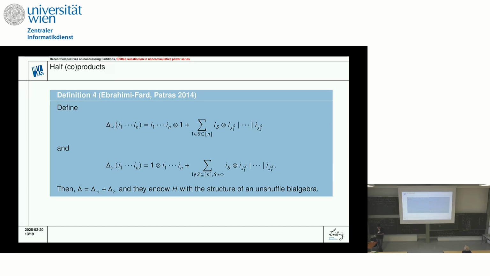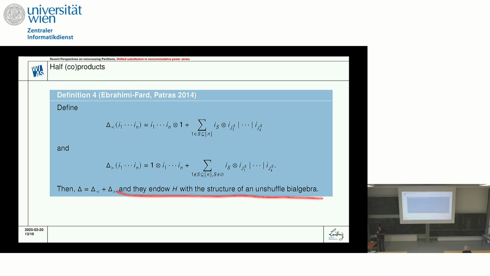So when it's pointing to the left, it means that the letter 1 always appears on the left of the tensor. And when it's pointing to the right, it means that it never appears on the left, or always on the right. So obviously, when I sum the 2, I obtain the original coproduct. So these are the only 2 possibilities by fixing the letter 1.